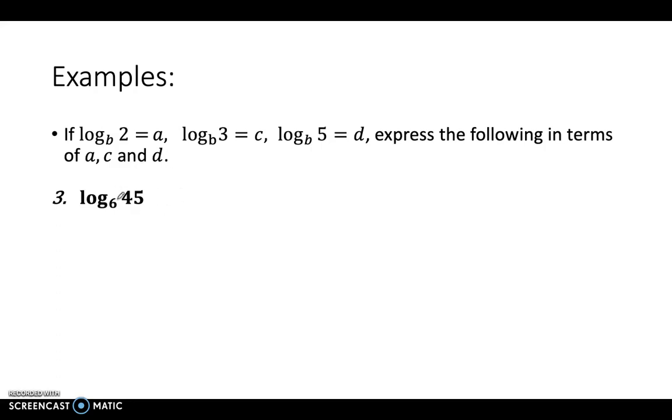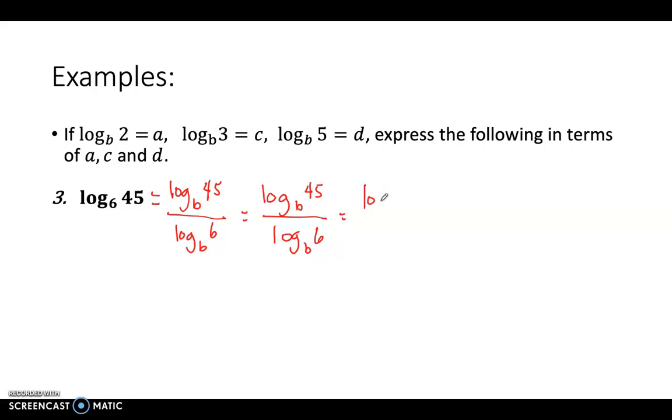For the logarithm of 45 base 6, we have logarithm of 45 base B all over logarithm of 6 base B. Logarithm of 45 base B is simply the logarithm of 3 squared times 5 base B, all over, how about logarithm of 6?